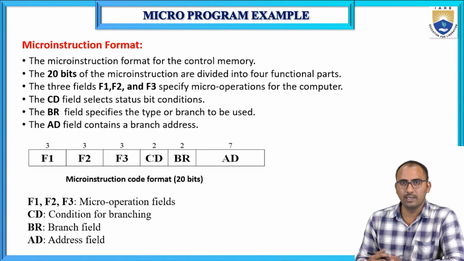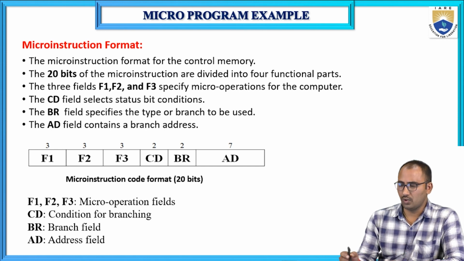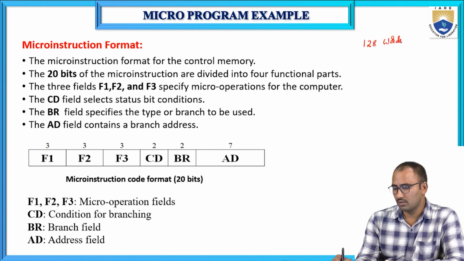In that we have two types of memories: one is the main memory and another one is the control memory. The size of the control memory is 128 words, and each micro instruction size is 20 bits.